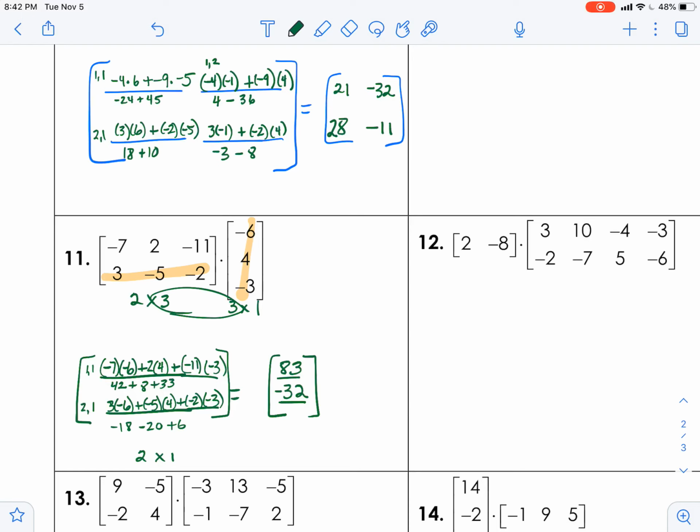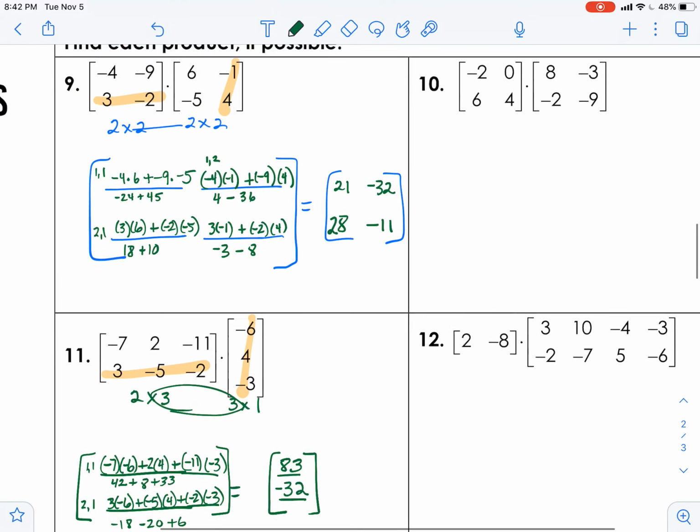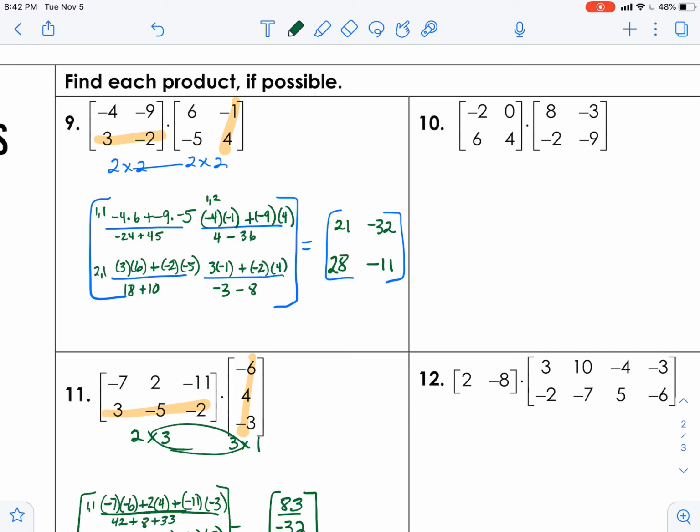When it comes to the test, a lot of times I don't even have you do an entire multiplication. I may just have you, like this problem here, or maybe even like this one here, what I might ask you is, like, what's A times B, and then I might say 1, 2.